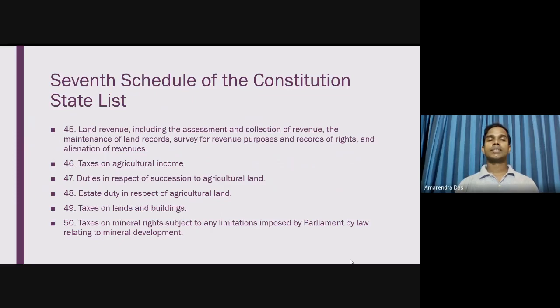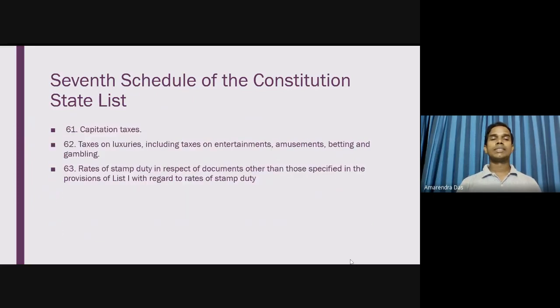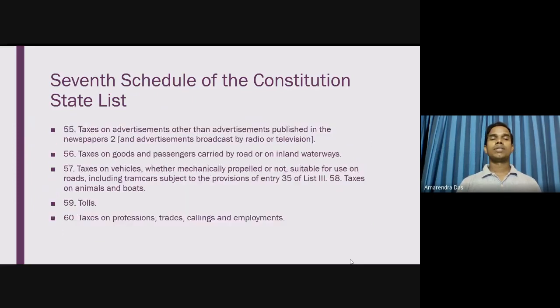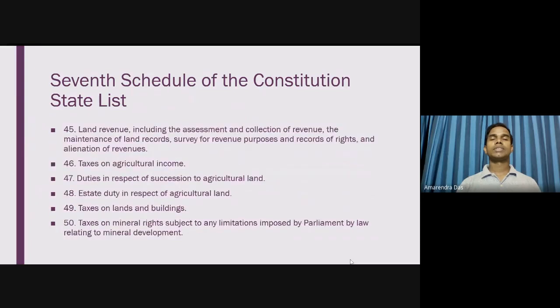Now, the state list of the seventh schedule basically describes the revenue raising powers of the state government. The entries starting from 45 to 63 talk about the revenue raising capacity of the state government.